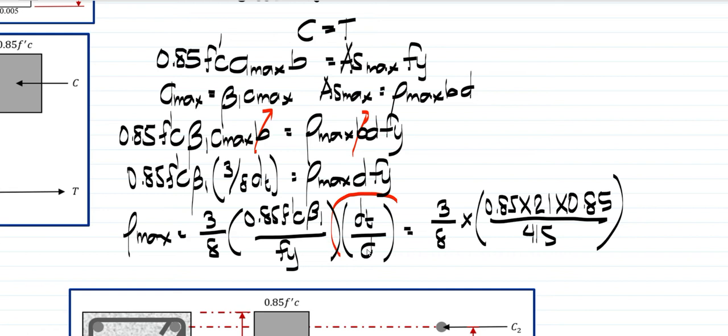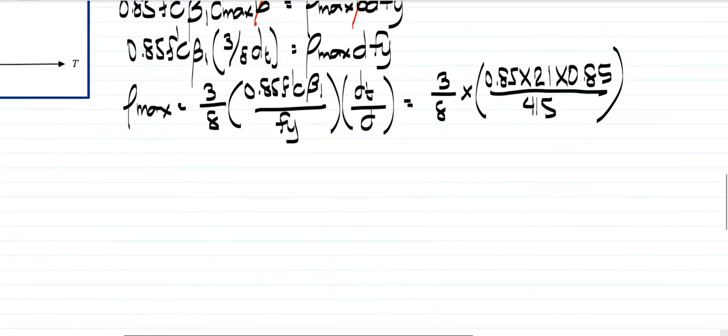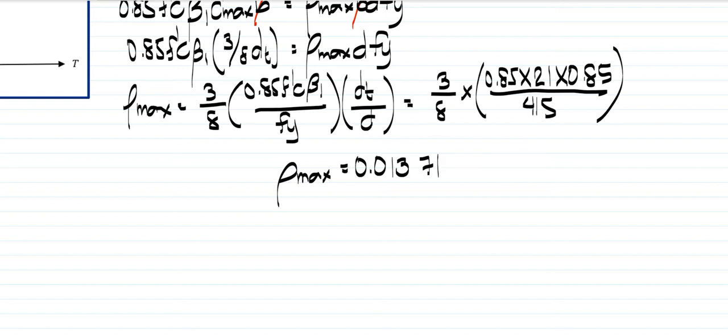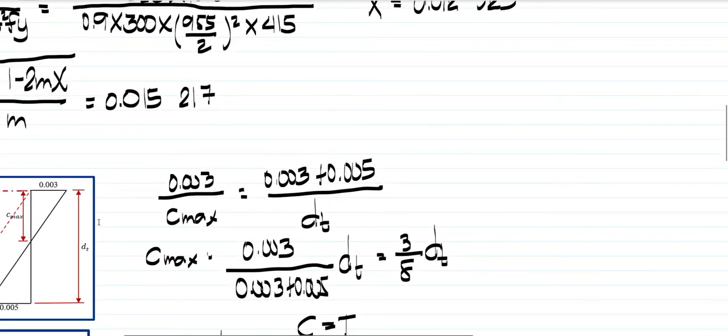Itong term na to. So, that will just be this equation. So, coming from this equation, we could have rho maximum is equal to 0.01371.